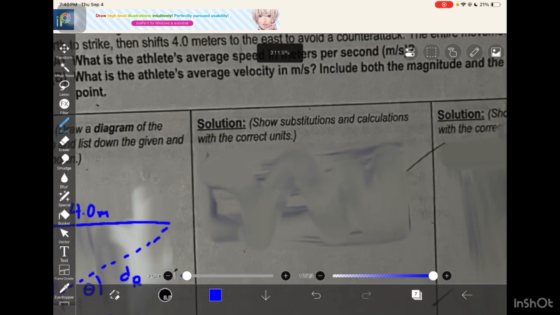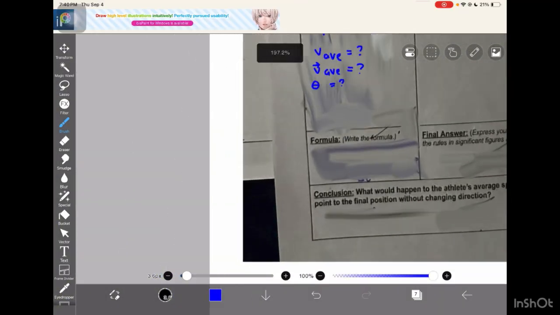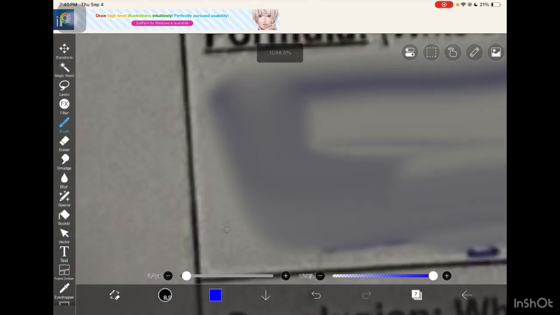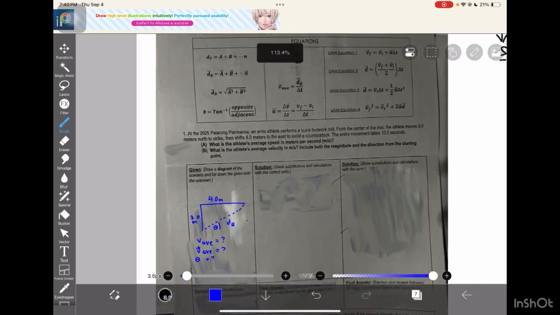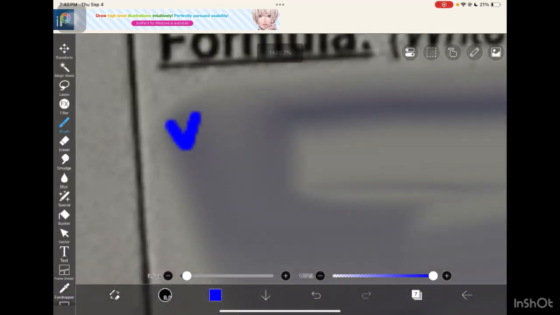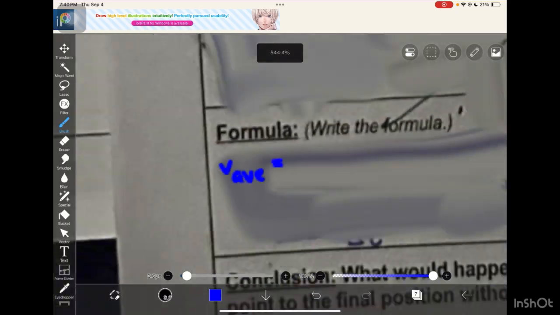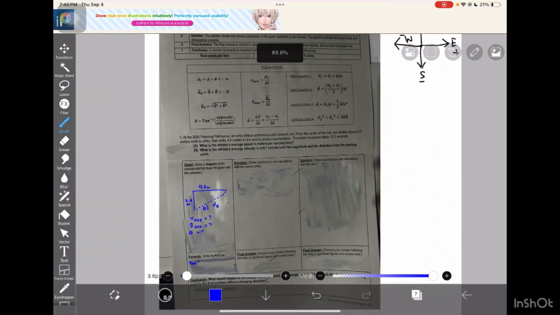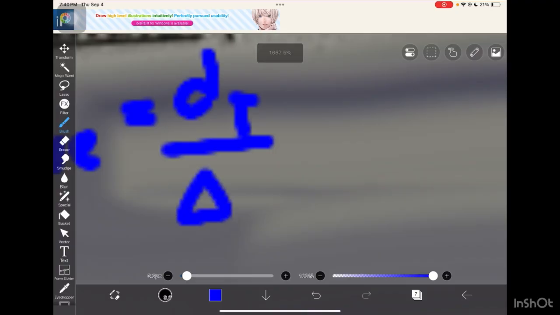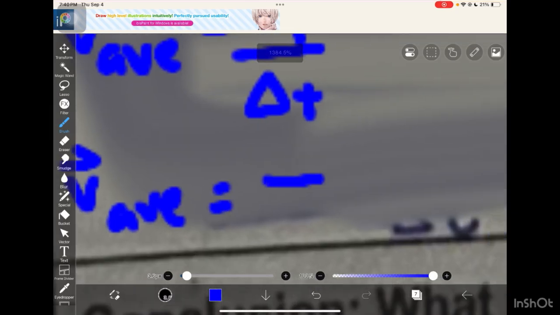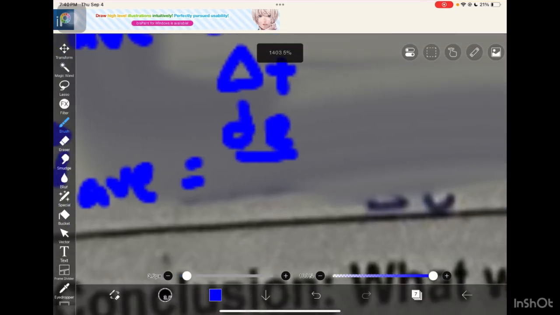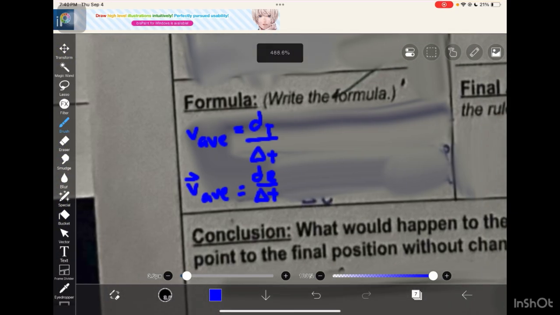Solution. So first and foremost, we need formulas. Don't forget the formulas. So first, we need the speed formula, which is V ave is equal to d sub t over delta t. And then we also have the V with an arrow, ave, which is equal to d sub r over delta t again.